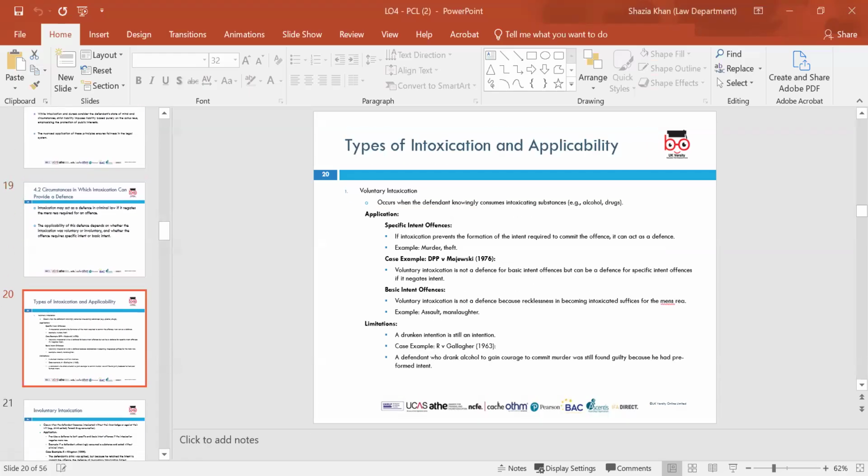So, types of intoxication and applicability. Voluntary intoxication, as we mentioned before, is when someone knowingly consumes an intoxicating substance.